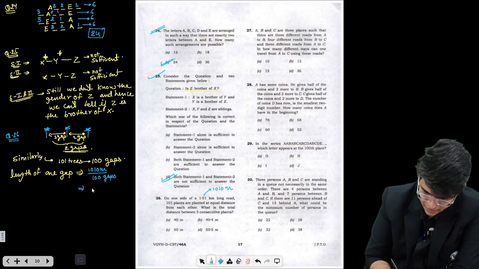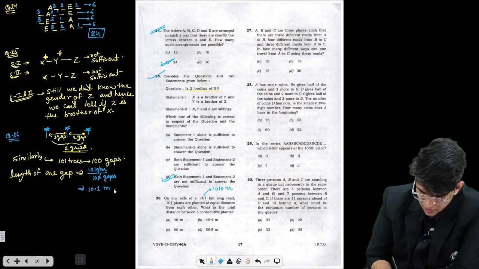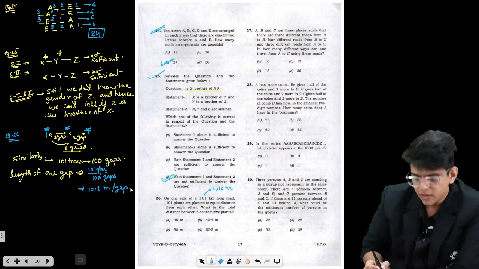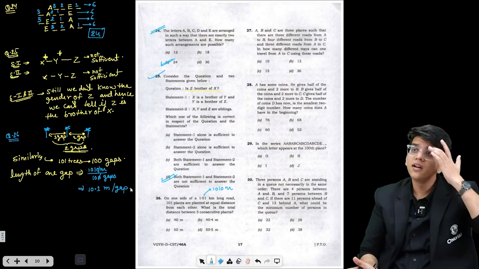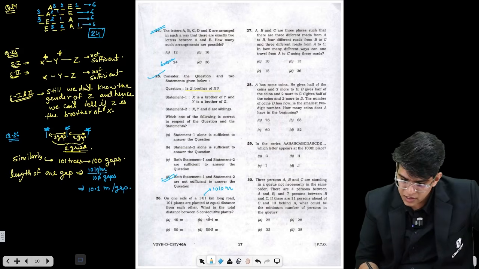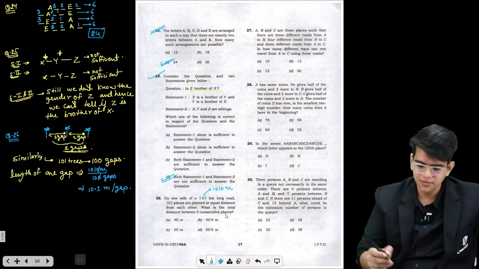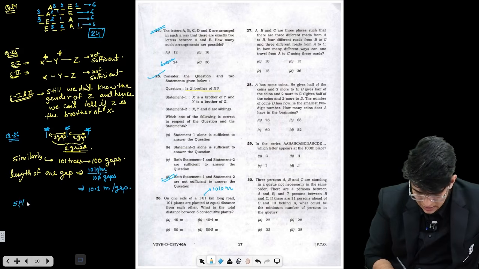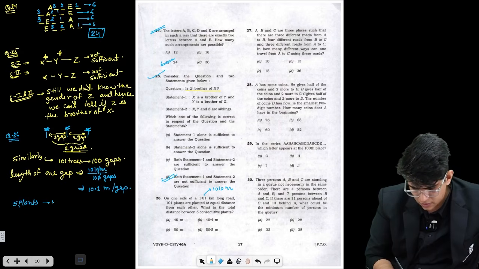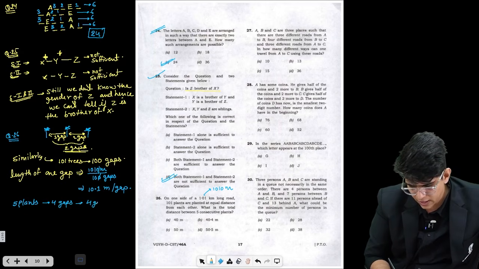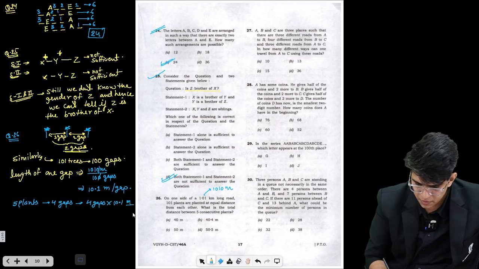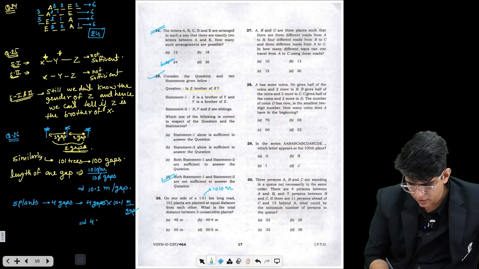So the zeros get cancelled: 10.1 meter per gap. Now the distance between 5 consecutive plants. 5 plants means 4 gaps. 4 gaps into 10.1 meter per gap. Gap and gap get cancelled. This is nothing but 40.4 meter.